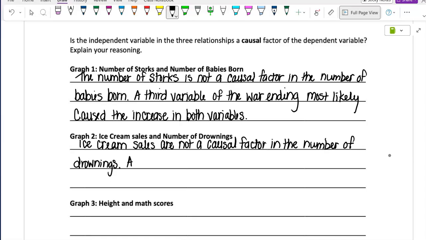A third variable of hot weather most likely caused the increase in both variables.